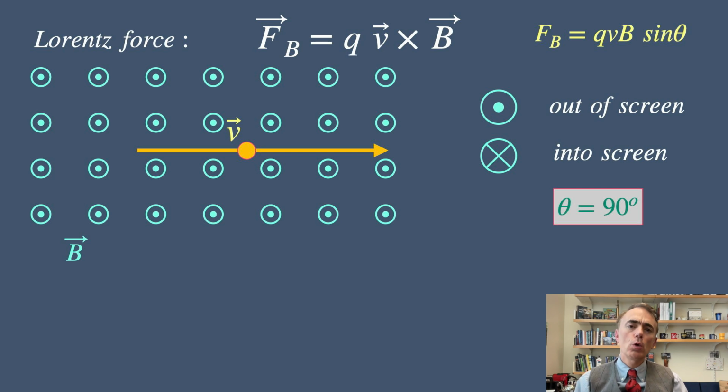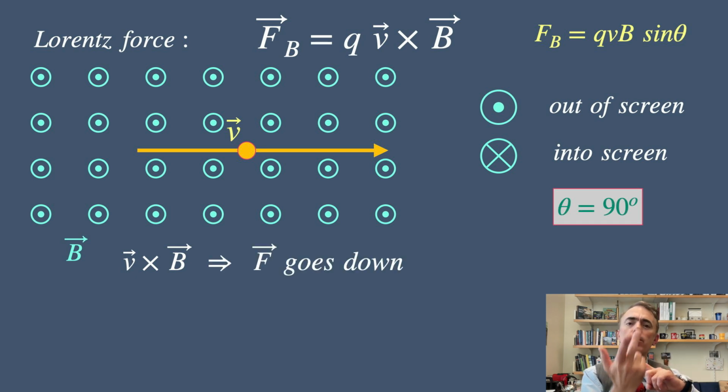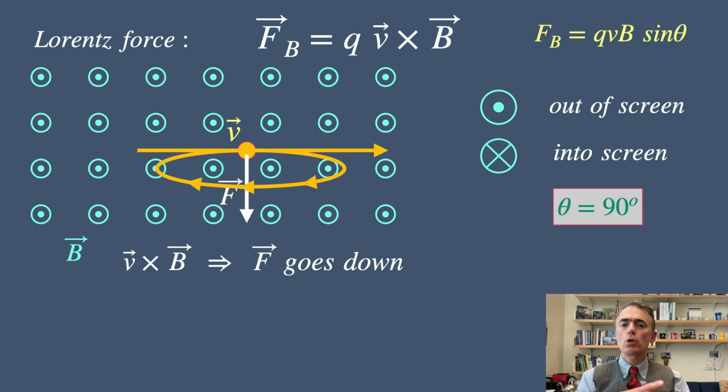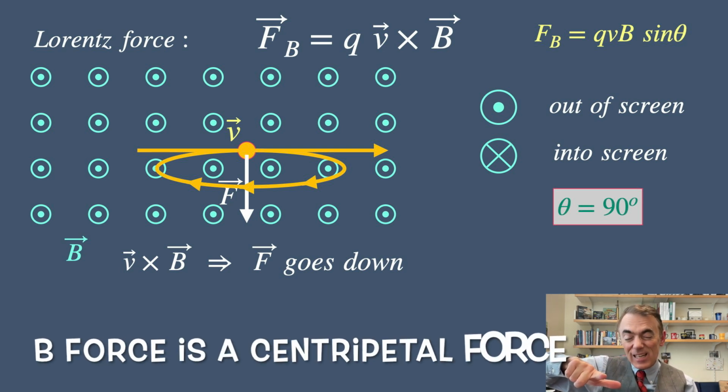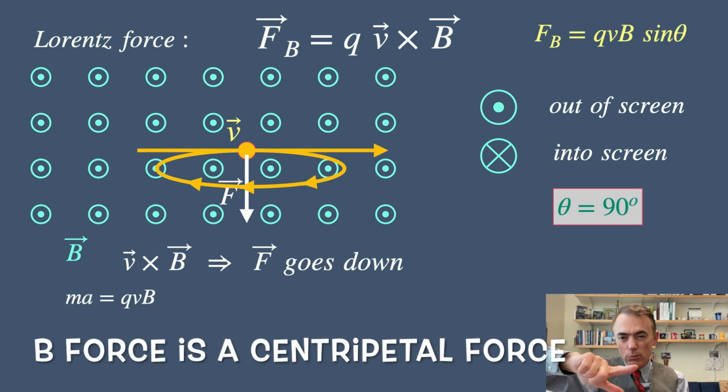When a charged particle's velocity v is perpendicular to the magnetic field B, the force F is perpendicular to both the velocity v and the magnetic field B, resulting in circular motion. The particle follows a circular path because the magnetic force acts as a centripetal force, while the velocity is tangential.